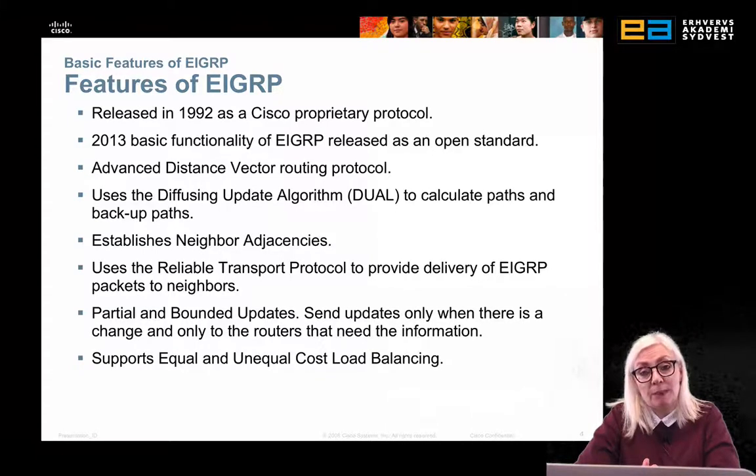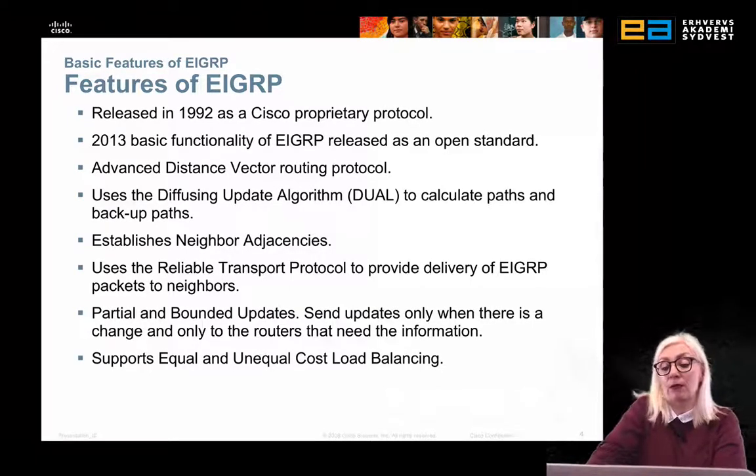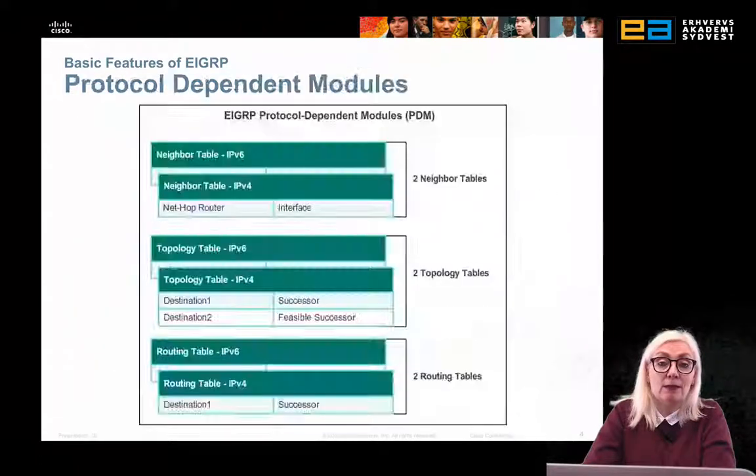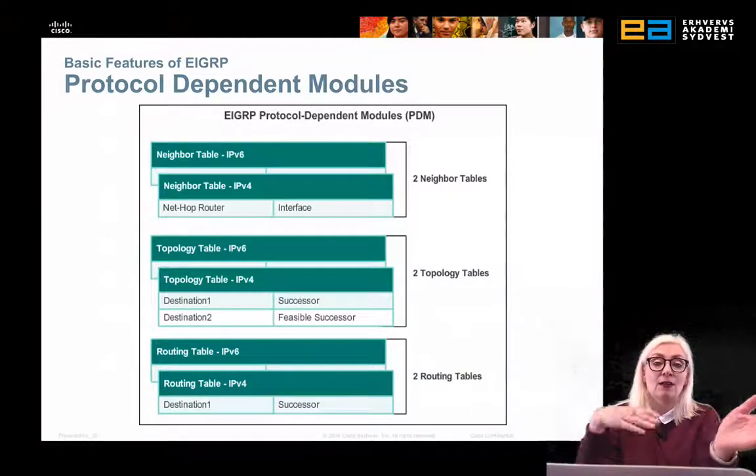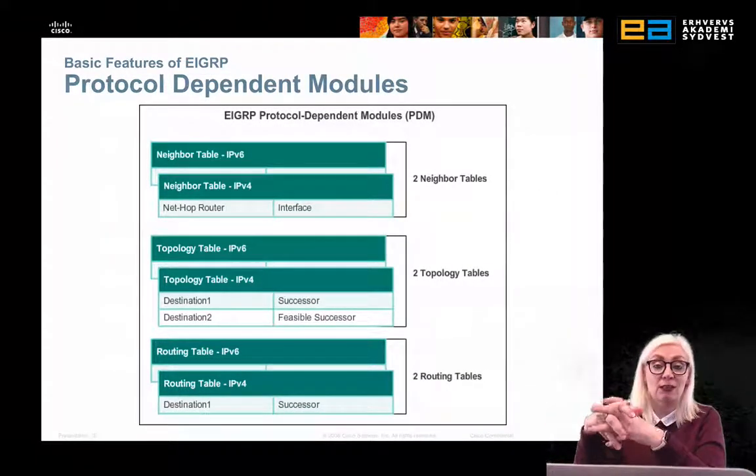Bounded updates means that it will send them only to those who are needed or are affected by the change. And EIGRP also supports equal cost and unequal cost load balancing. So you can actually decide to load balance between two different links, for instance.